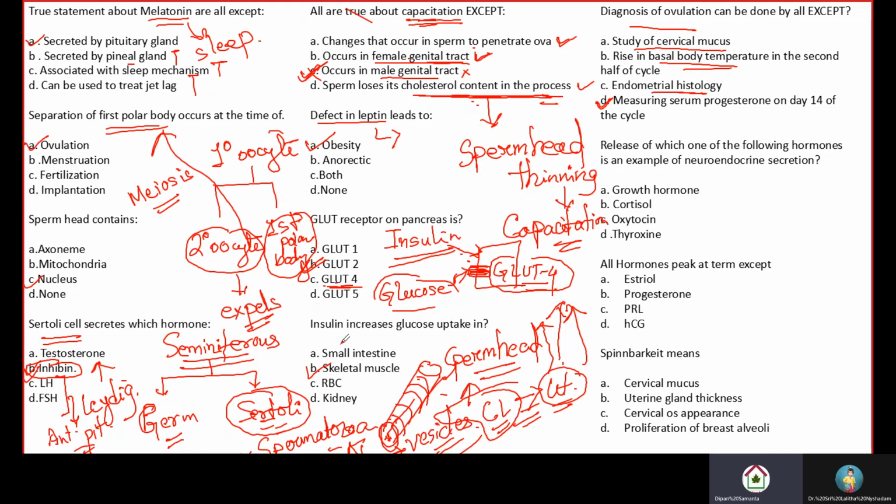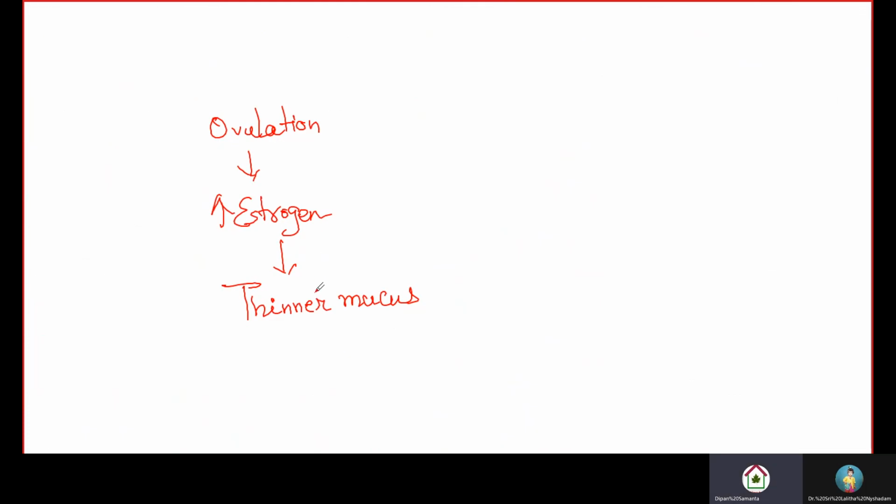Another very important thing, although we will study all these things in gynecology, we need to know that fern-like pattern occurs when this thin layer is spread on a table. This thinner mucus, if it is spread on a table, then fern-like pattern occurs.